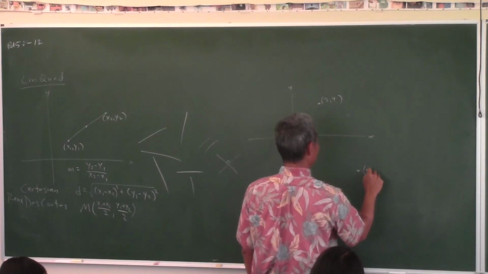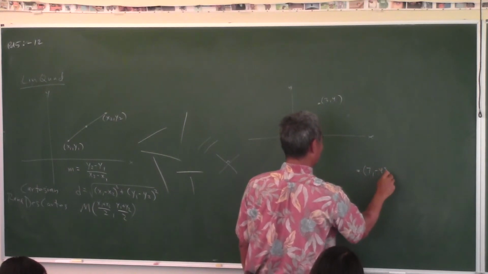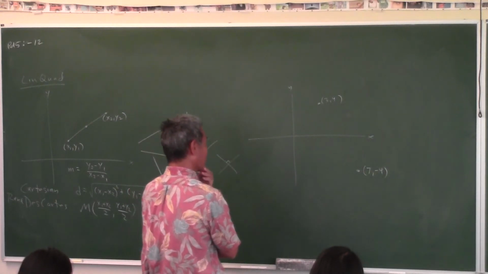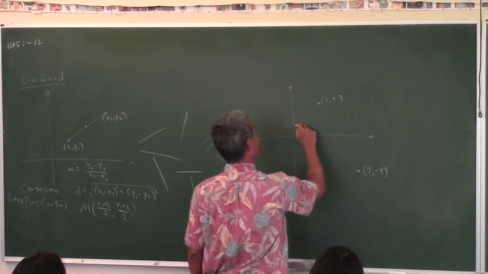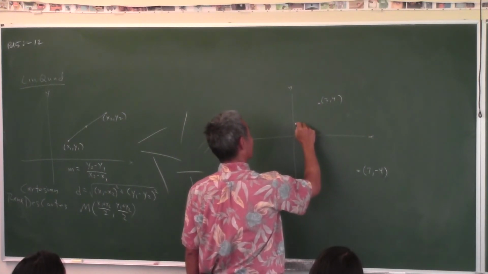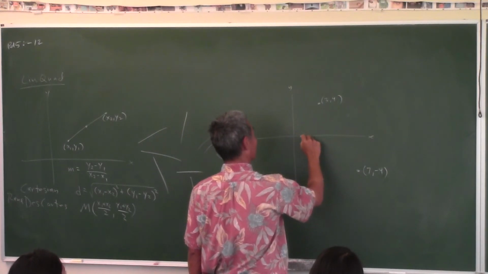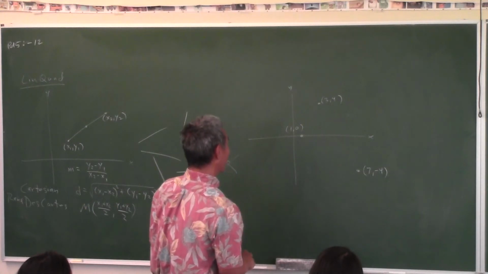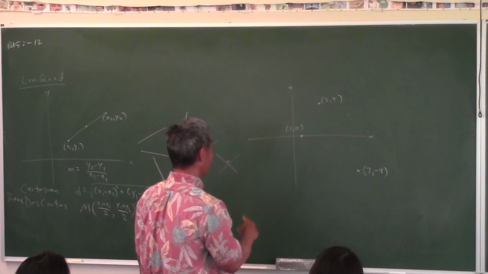So what did I just say? 7, negative 1. Okay, and then what did I say? 1, 0. And then something's wrong here. I'm not thinking clearly.